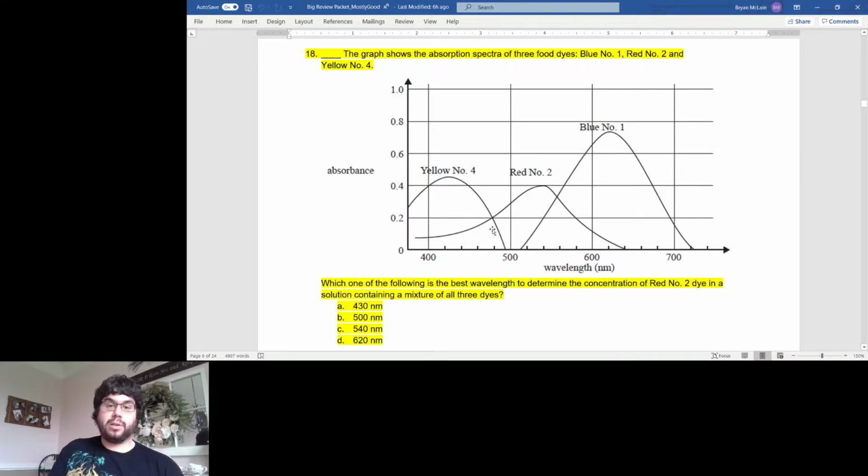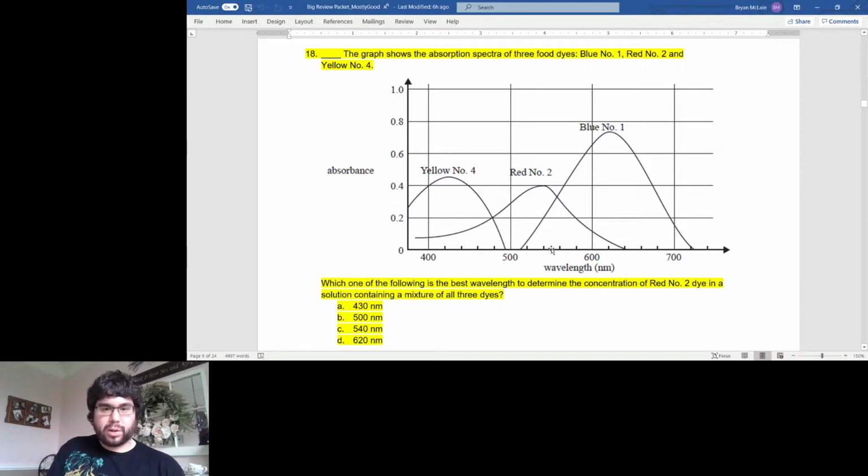So these peaks represent the best wavelength to have that compound be absorbed in terms of light. So the peak here for yellow number 4, the wavelength is approximately 425 or so. Red number 2, that's the one we're interested in. So the peak, the best wavelength is around 540 or so.